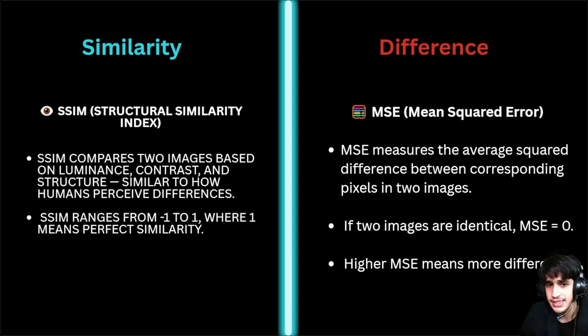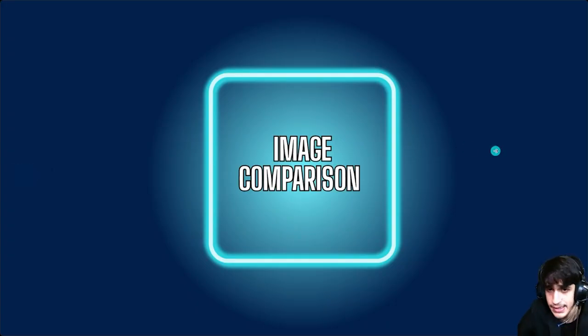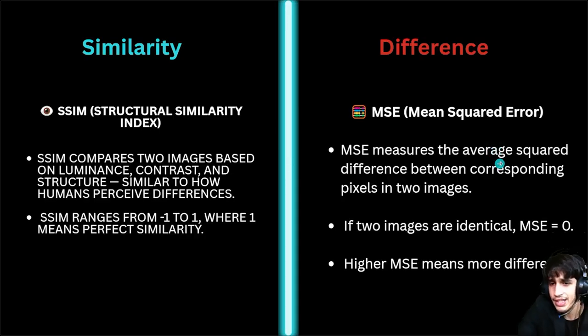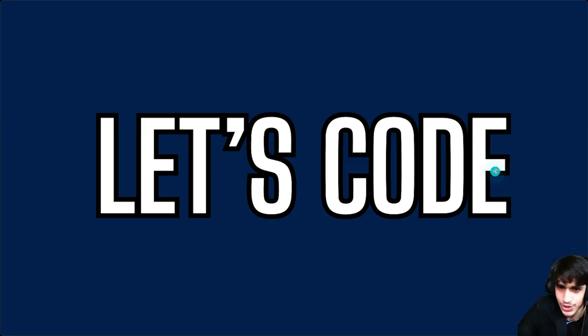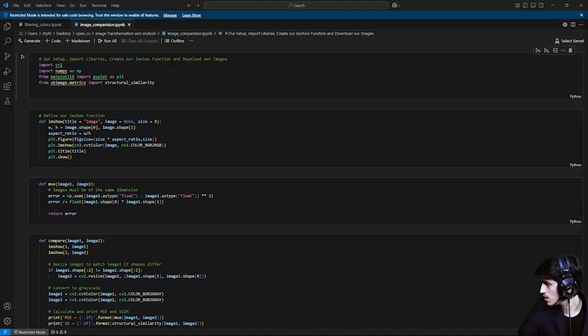So higher MSE means higher difference, while for similarity, 1 means perfectly similar and -1 means there is no similarity in the image. So that's all about similarity, difference, and image comparison. Now let's see how we can do this using code. So let's jump to the code.